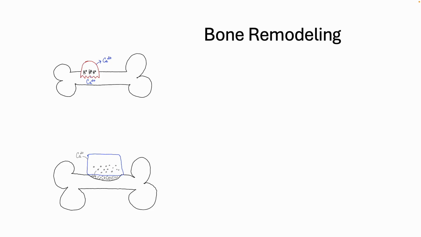The remodeling process is going to replace about 5 to 10% of the skeleton annually. Not all bone is equal, so spongy bone will be replaced every 3 to 4 years, while compact bone is replaced more slowly, about every 10 years. Its remodeling is going to be essential for bone health.